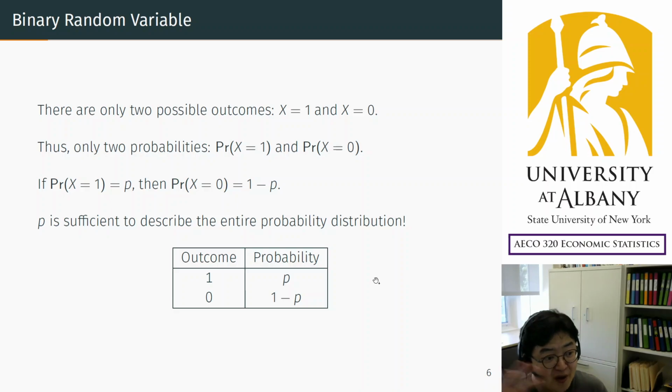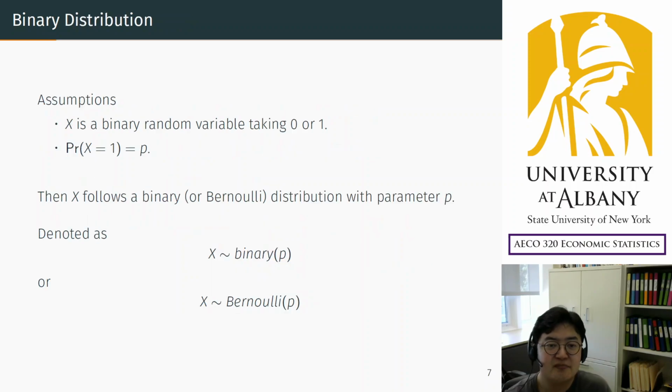We are going to spend one whole chapter under this assumption. As I said, the outcomes are binary, and we are going to parameterize the probability of success and call that p. Under these assumptions, the random variable is called a binary or Bernoulli distribution with parameter p.